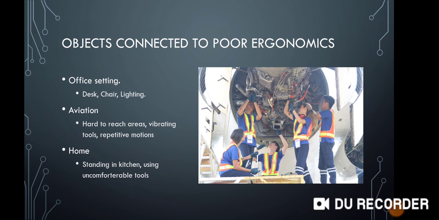Objects connected to poor ergonomics. More than anything, like I've said before, it's office seating or visual, so it could be the desk, the chair, the lighting. In the aviation industry, most of it is hard to reach areas, so there's always an awkward body angle needed to do a certain task, and that task could take multiple hours.